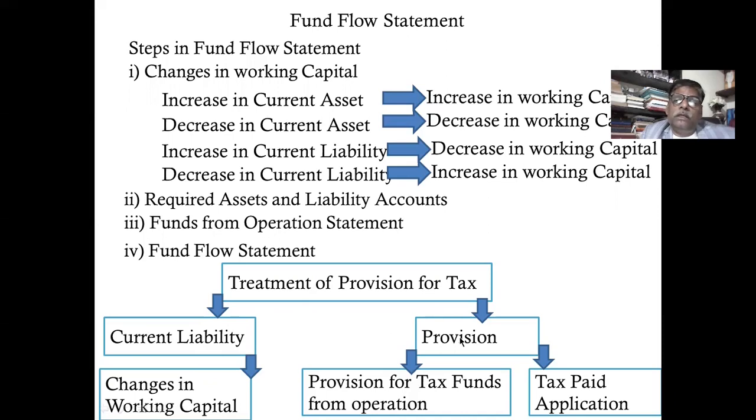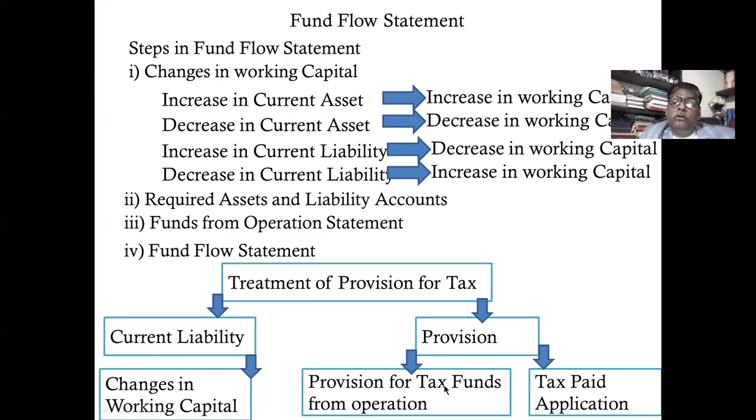If it is considered as provision, when there is an adjustment, you prepare the account and find the provision of the current year or tax paid for the current year. If provision is given in the adjustment, you will get the tax paid. If tax paid is given in the problem, you will get the provision. Remember this. On the basis of this, you prepare the account, then take the amount in the respective statements.